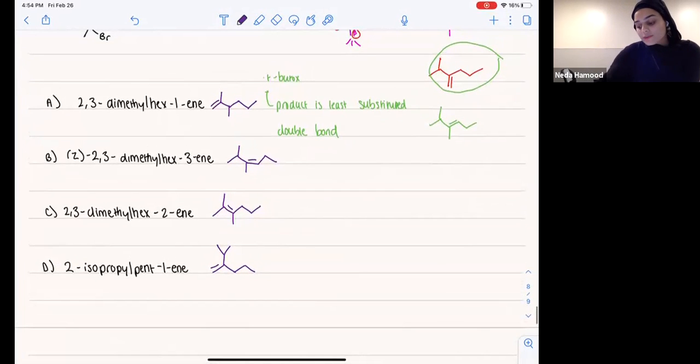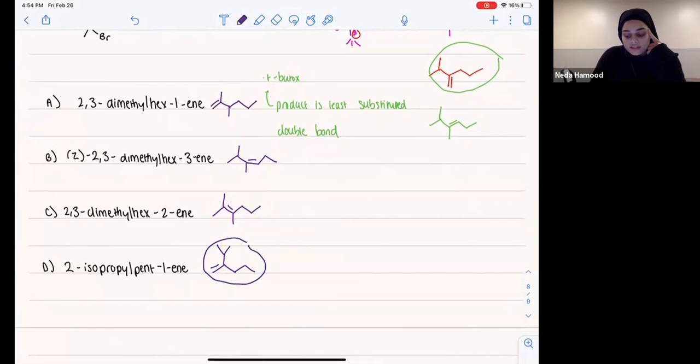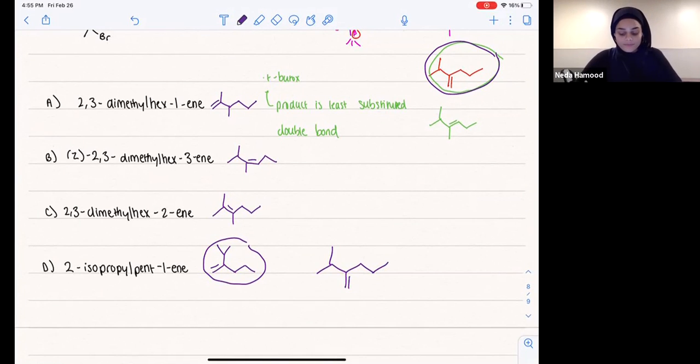It's pretty annoying the way this one is drawn, but it does match up. If we flip it around, it's like pent-1-ene, so this is 1, 2, 3, 4, 5, and then this is our isopropyl.